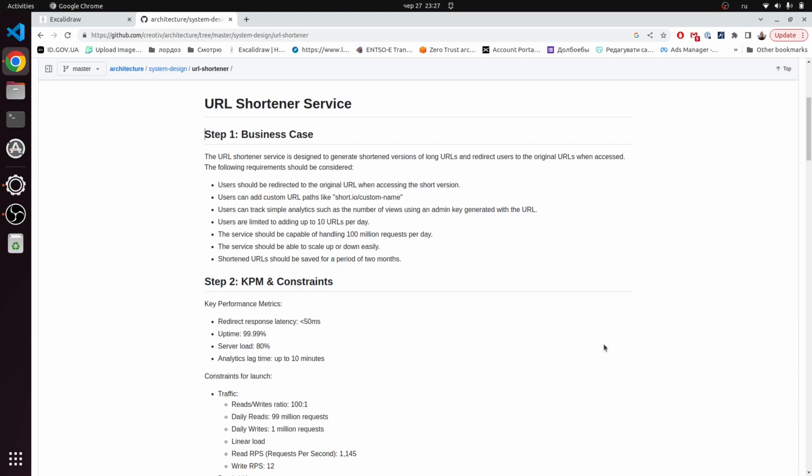But because we don't know the limitations of this example solution, there are no business limitations, only a small number of them, just for functional requirements. So what should it do? Of course it should redirect from the short URL to the original URL. Maybe it will have some customization, for example a custom short name.